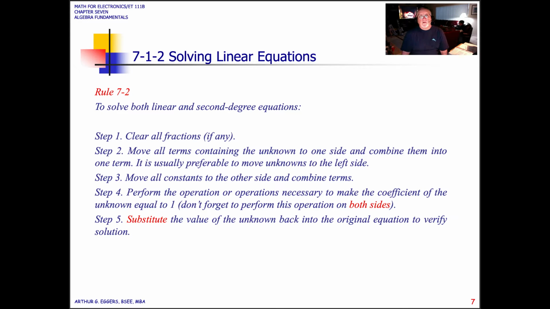Step 4, perform the operation or operations necessary to make the coefficient of the unknown equal to 1. Don't forget to perform this operation again on both sides. So again, this is what we've seen before as we're building our math skills. Finally, step 5, substitute the value of the unknown back into the original equation to verify the solution.